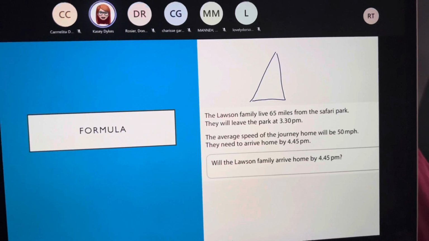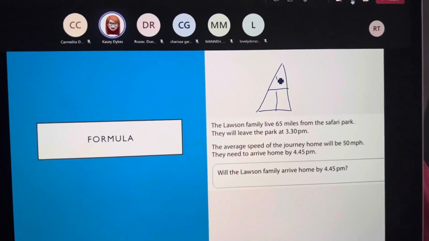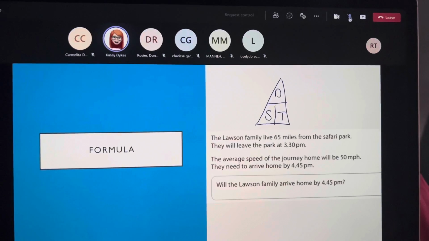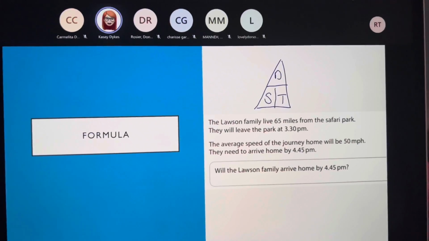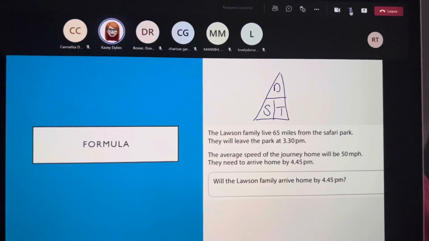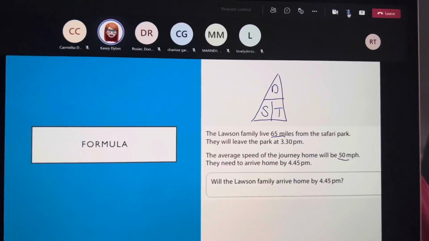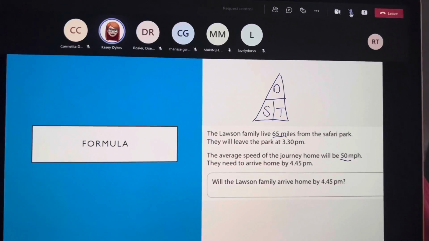So if we remember our triangle, distance at the top, speed and time, so in alphabetical order. We've been given a distance and we've been given a speed, and we're trying to work out time. We're trying to see how long it takes them.